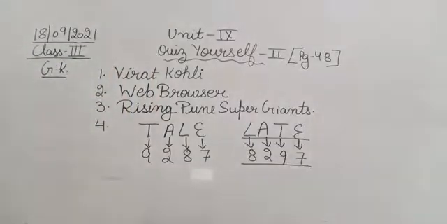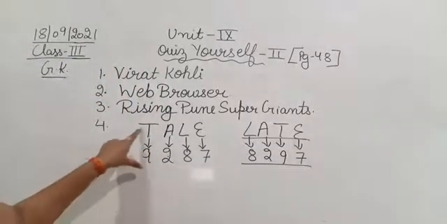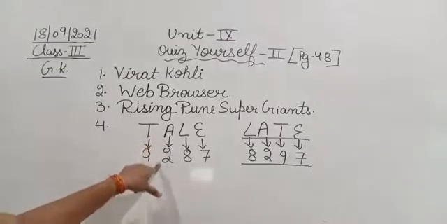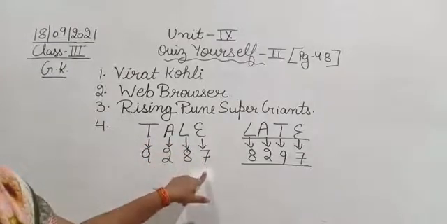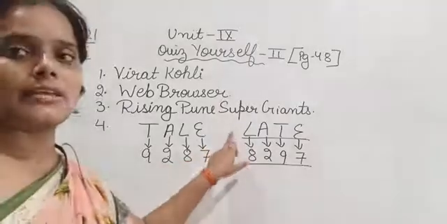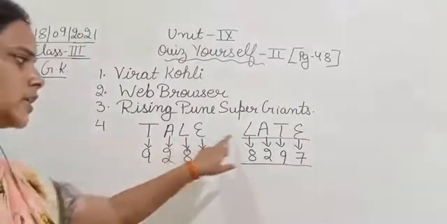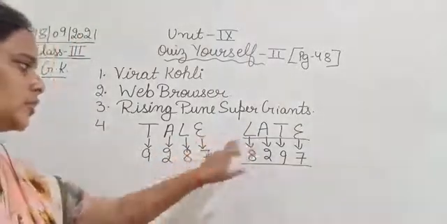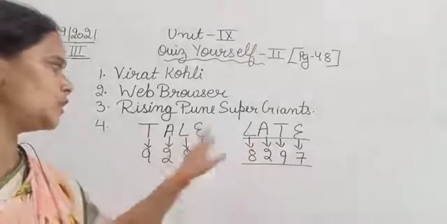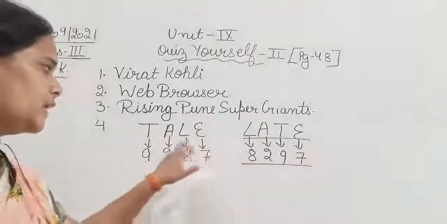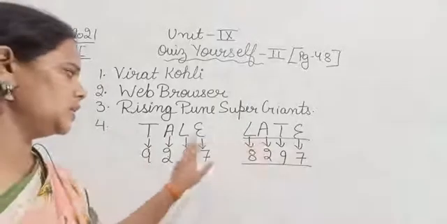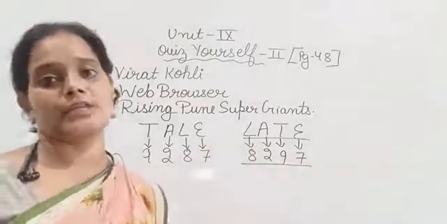Look, they coded tail. Tail, TALE: T stands for 9, A stands for 2, L stands for 8, E stands for 7. So similarly the late: L is 8, A is 2, T is 9, E is 7. So that is 8297.